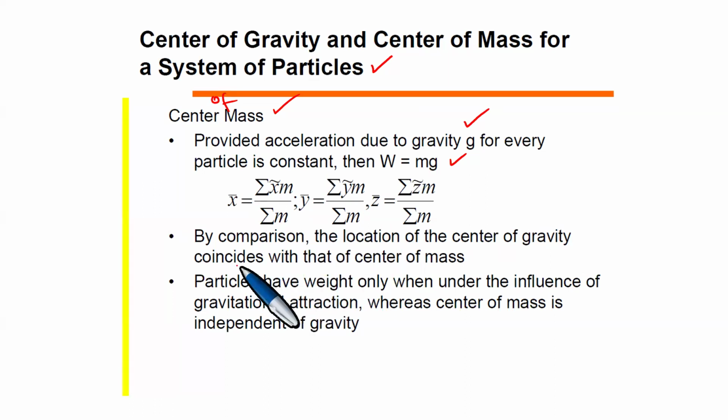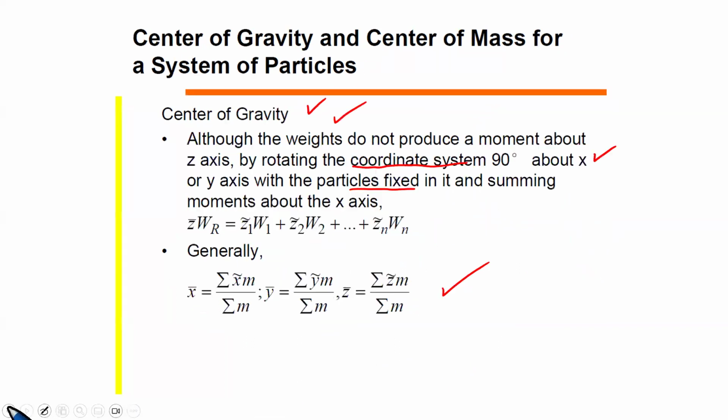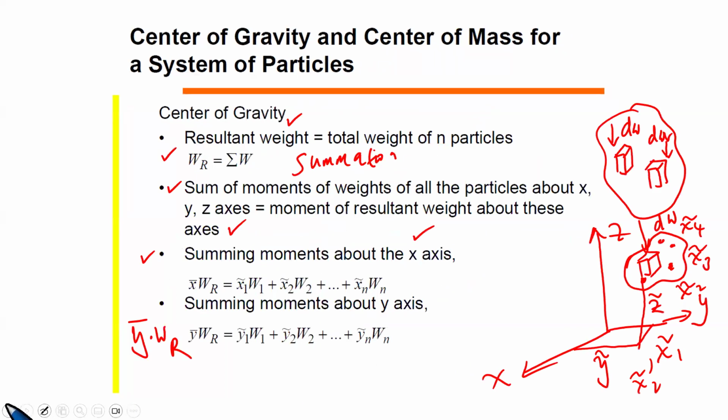Okay, by comparison, the location of the center of gravity coincides with that of the center of mass. This is good news. By comparison, we're mentioning the center of mass, but the location of the center of gravity, which is the summation of the W's, coincides with the center of mass. We're dealing with the W's here.